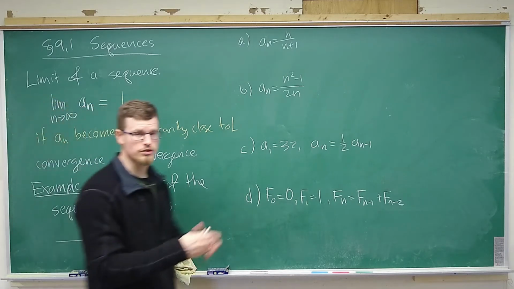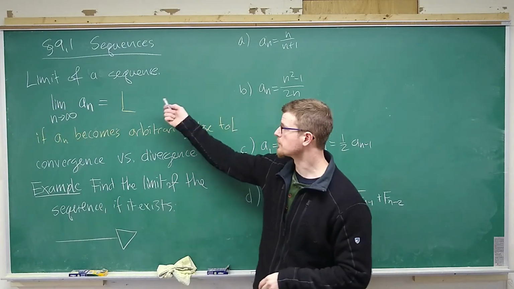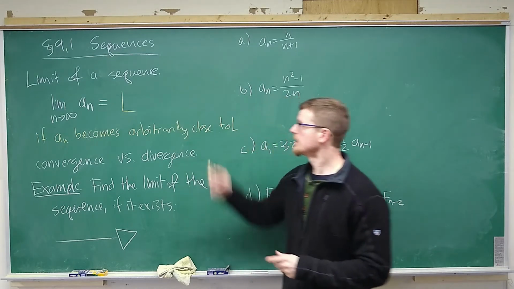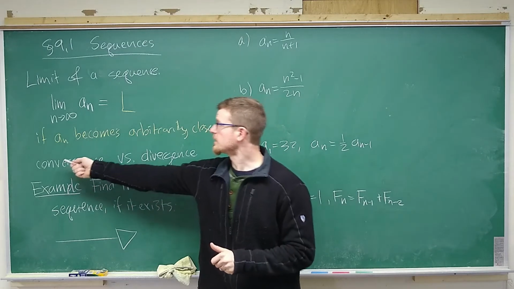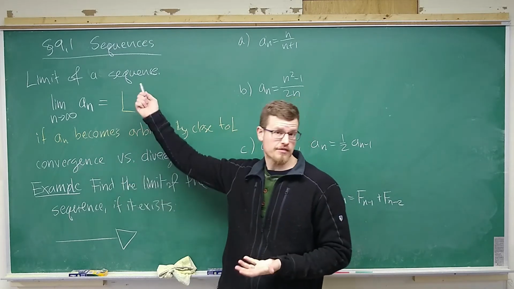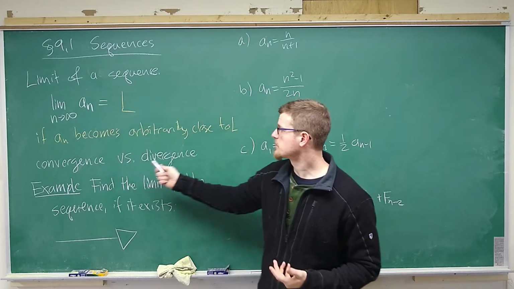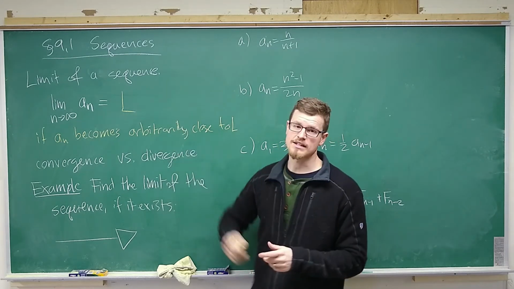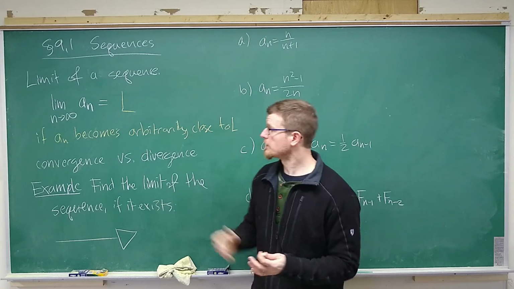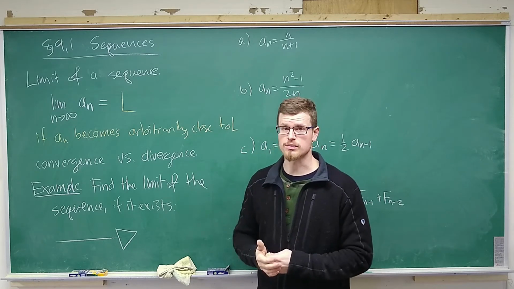This is no different than the definition of a limit of a function. If the function becomes arbitrarily close to the value, the limit is that value. It's the same case for sequences. So we would say that the sequence converges if the limit exists, and we would say the sequence diverges if the limit does not exist. There are a few different situations.